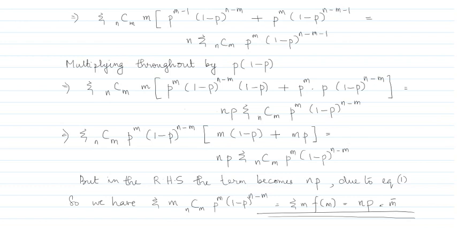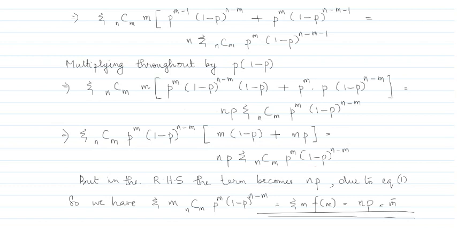Now I have several terms in common. p raised to m into 1 minus p raised to n minus m is common. Then what do I have remaining? m times 1 minus p plus m times p, isn't it? So that's what I have on my LHS, and on my RHS I am writing like this.